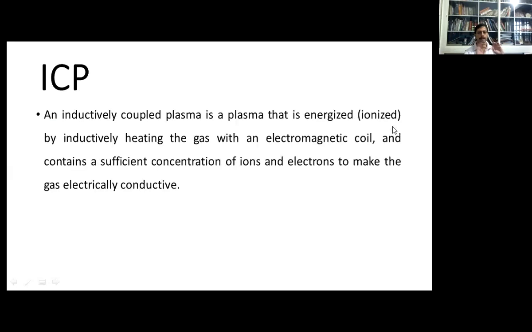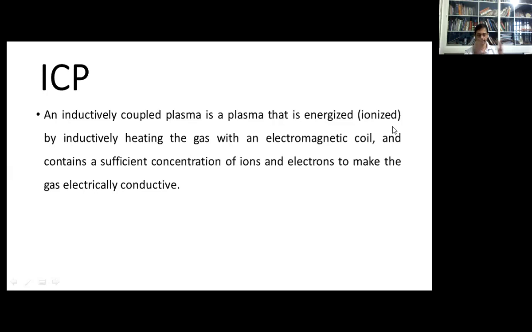An inductively coupled plasma is a plasma that is energized or ionized by inductively heating the gas with an electromagnetic coil, and it contains a sufficient concentration of ions and electrons to make the gas electrically conductive. Here, this state of plasma is an energized state, that is, an ionized state.